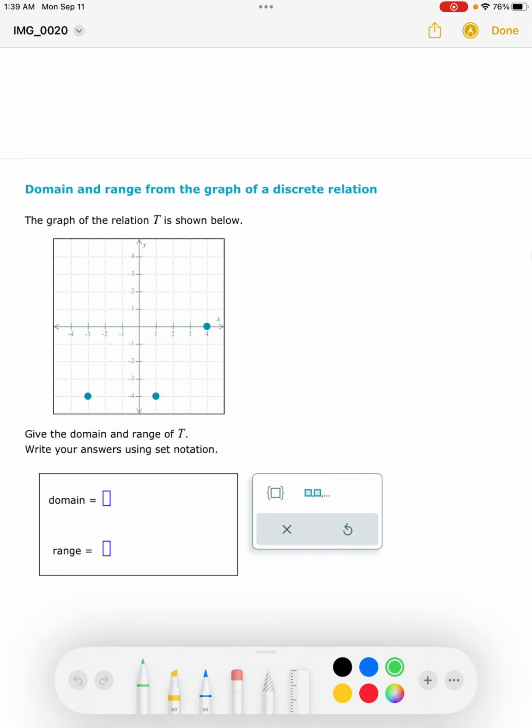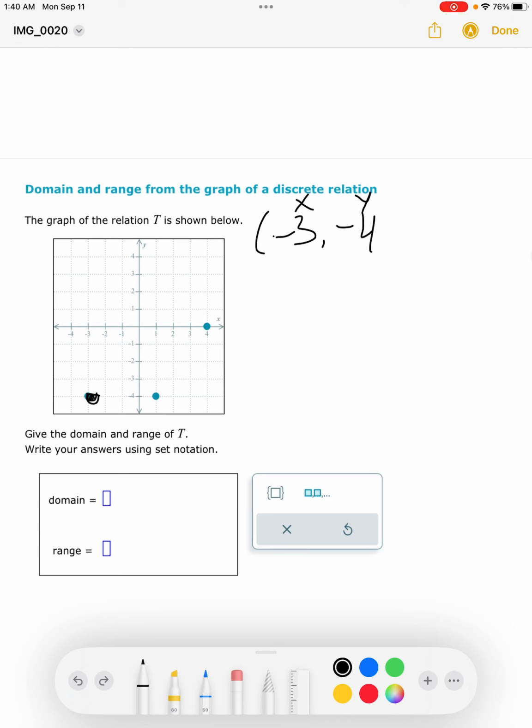So, first things first, this coordinate point right here, there we go, this coordinate point right there would be -3, -4, again, because we have X and then Y. And X values, if you notice right here, go left and right. And Y values go up and down.